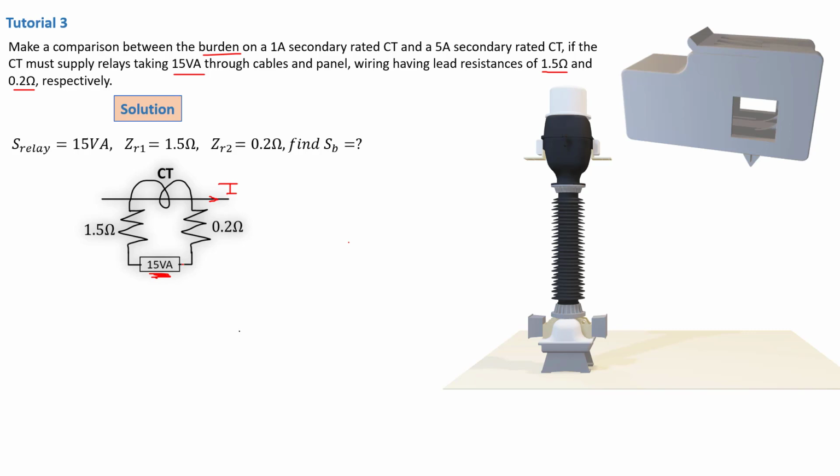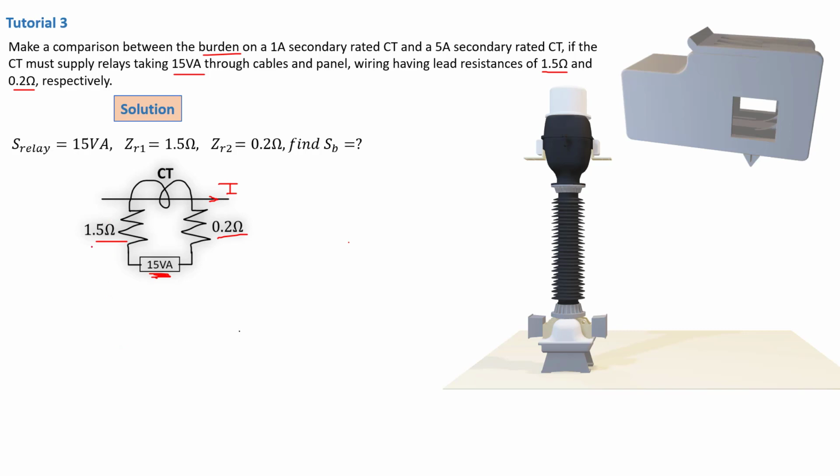And then you go to two wires that are connecting the relays, and each one of these wires have a resistance or an impedance of 1.5 ohm. So you can clearly see the illustration of your problem. Now the burden VA they are now asking is actually the power, the overall power that the CT is going to see through its secondary.